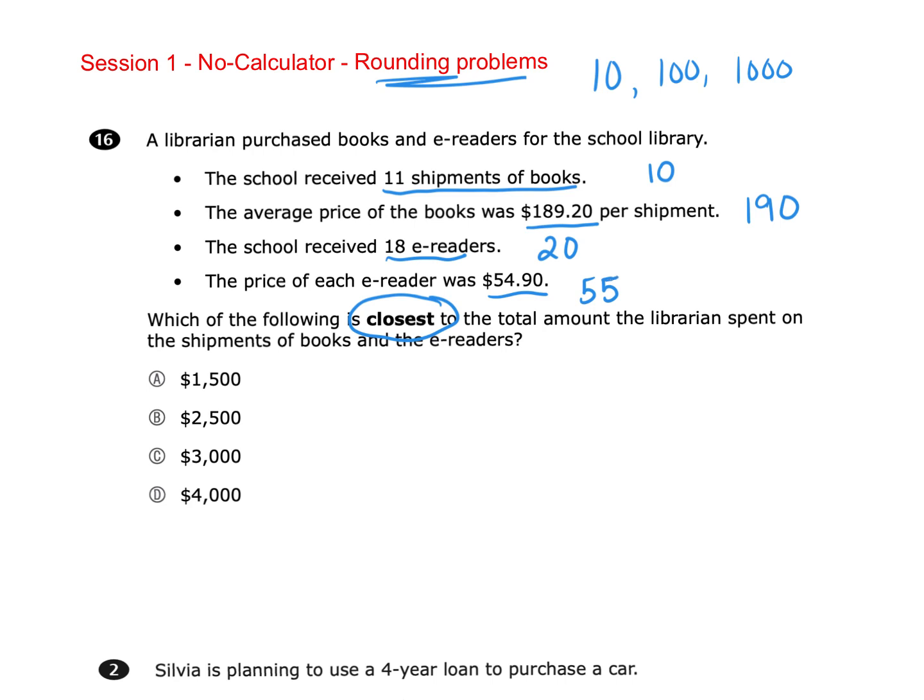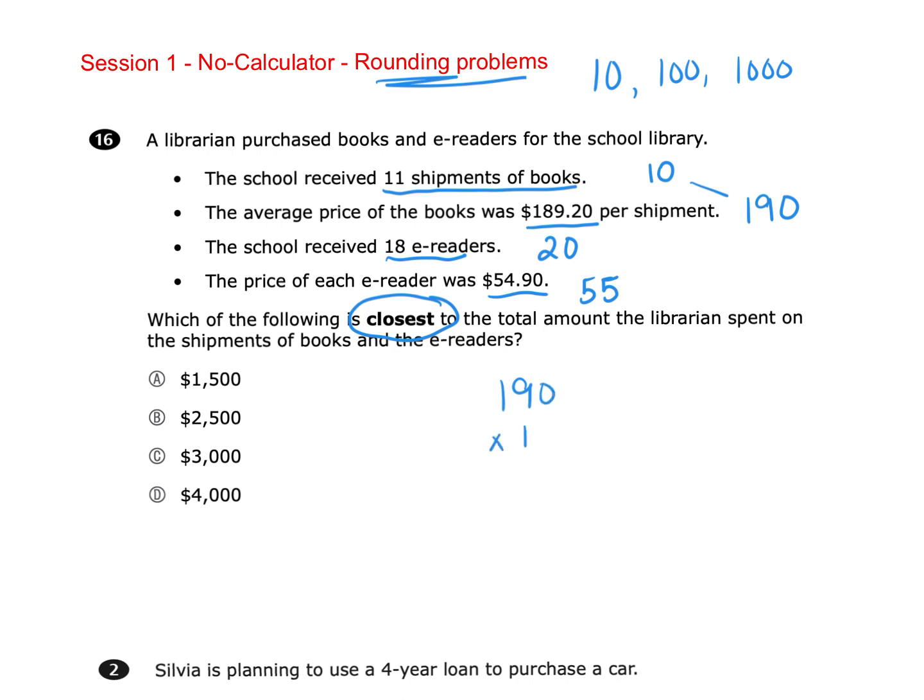To find the total amount of money spent, I'm going to multiply the total number of shipments times the amount of the books for each shipment. So I'm going to multiply 10 times 190.